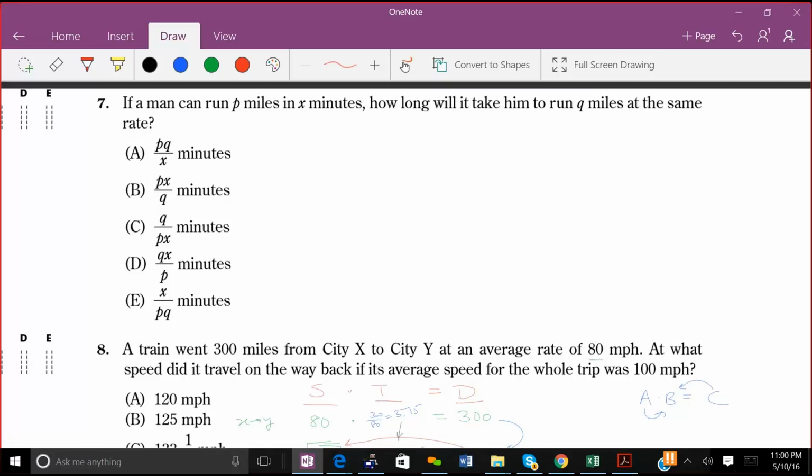Is it B? Dx divided by Q? You said B or D? B as in boy.